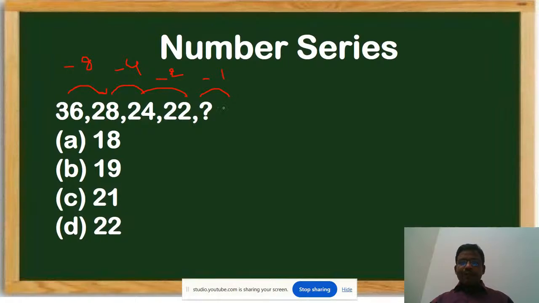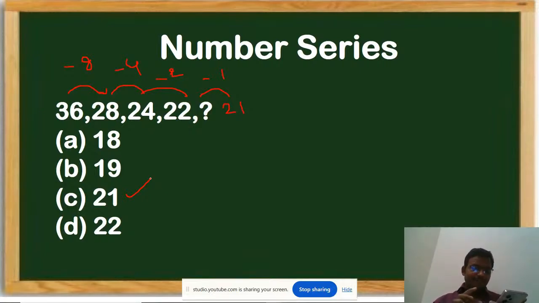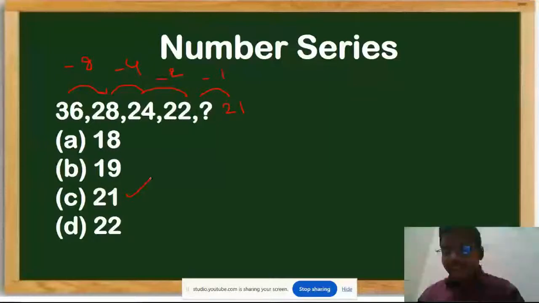The answer should be 22 minus 1, 21 is the answer, not 20. Clear?